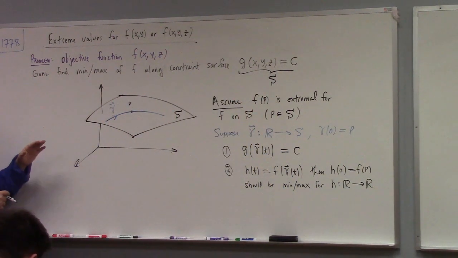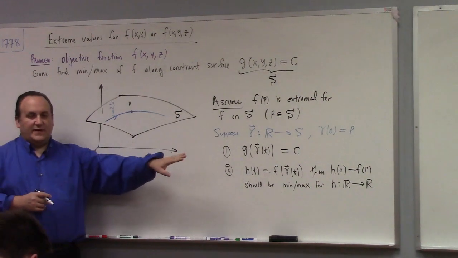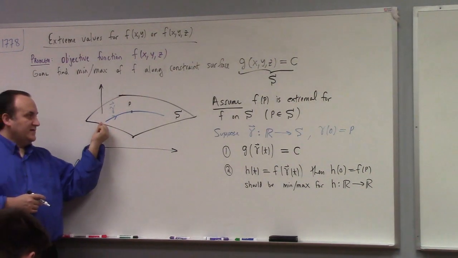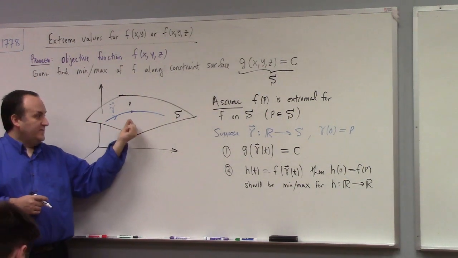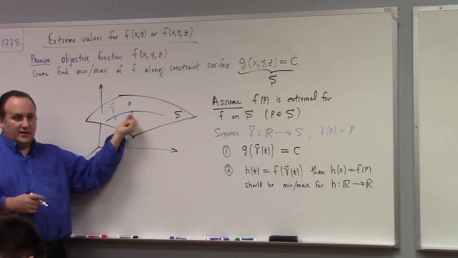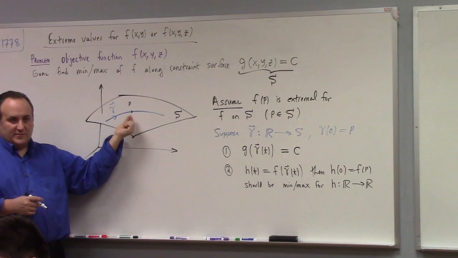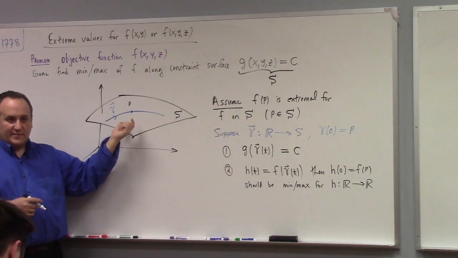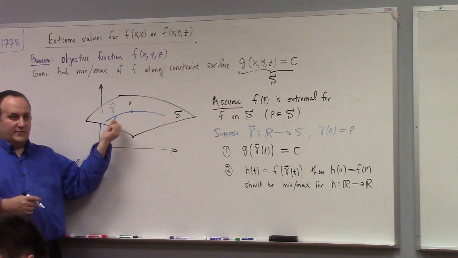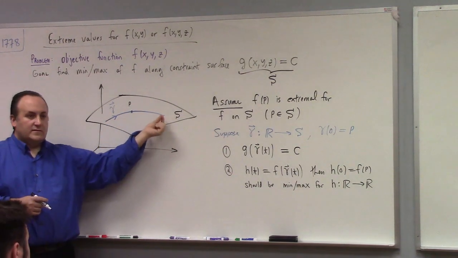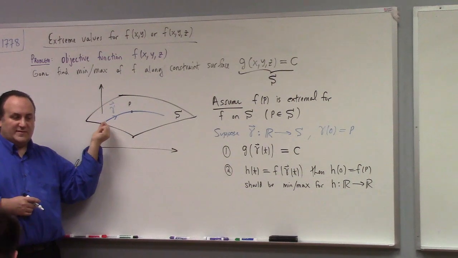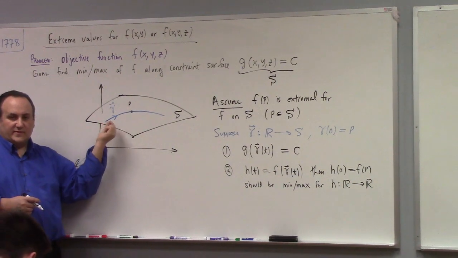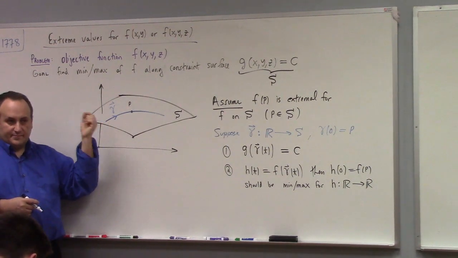Think about this. I'm just defining h to be sampling the values of the function along the curve. So if p is the maximum or minimum from all possible directions on the surface, then surely it must also be the max or min if we just sample points along the curve. If it's a maximum for all points, it's a maximum for some subselection of points as well.